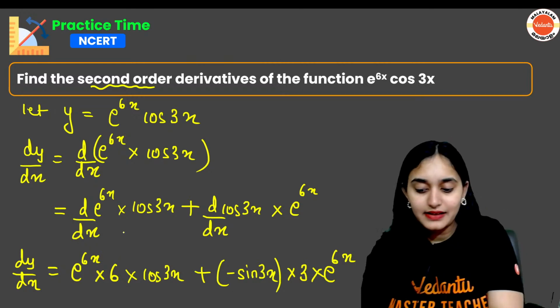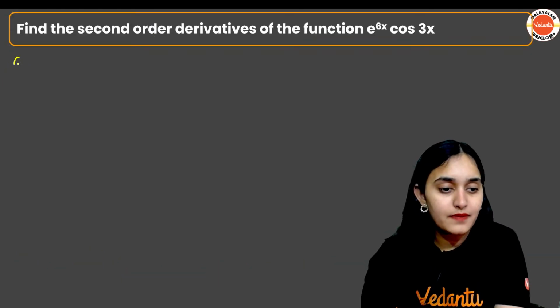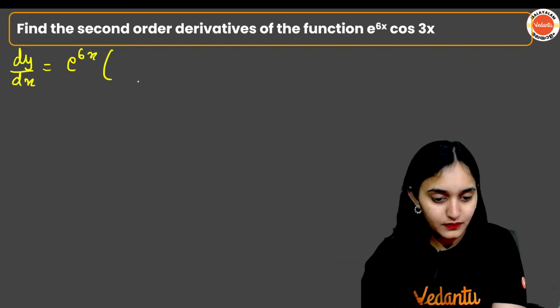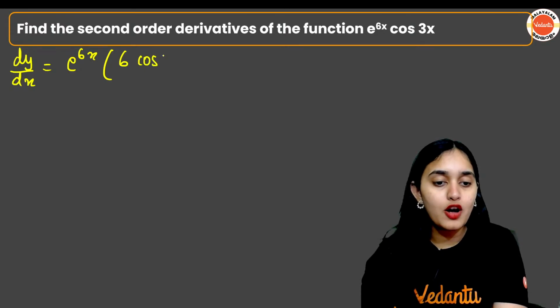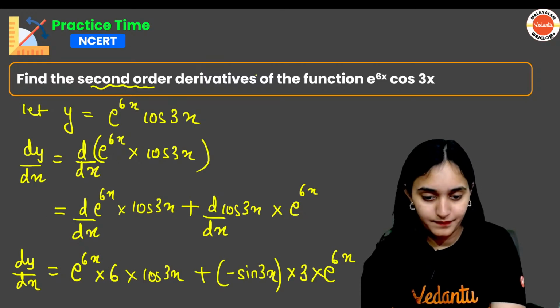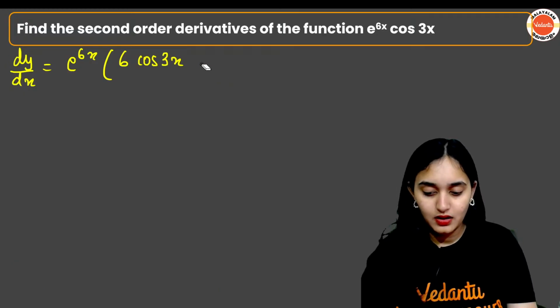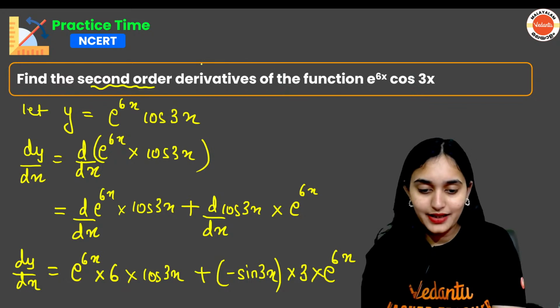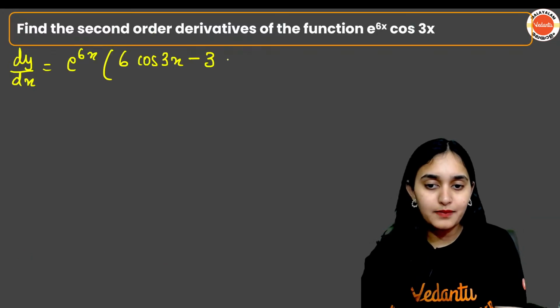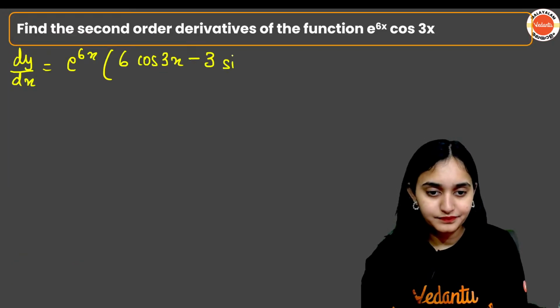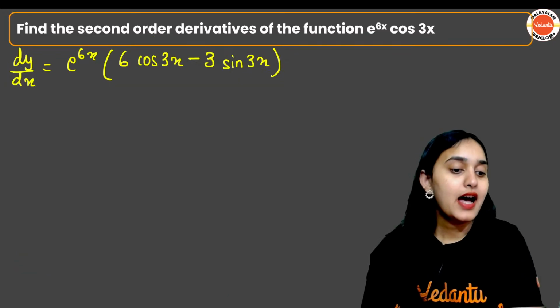So, e to the power 6x can be taken out as common. So, dy by dx is e to the power 6x into 6 times cos 3x minus 3 times sin 3x. This is what we are getting.